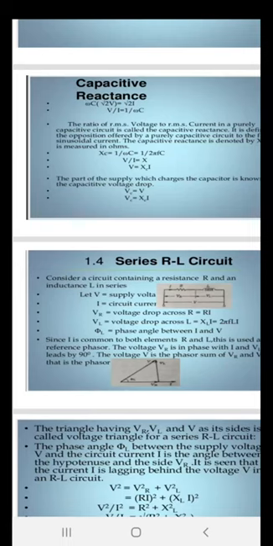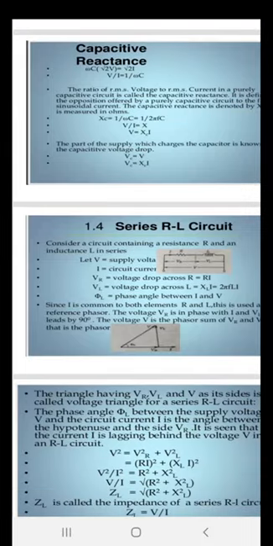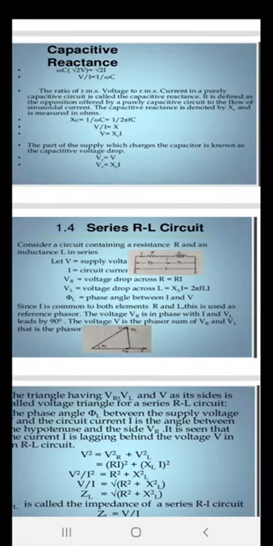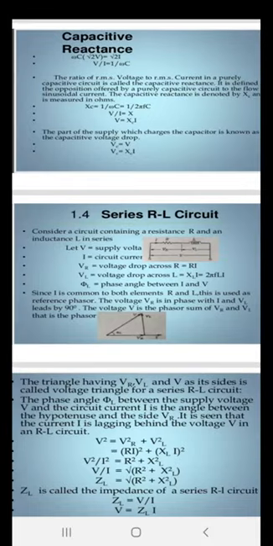VL, the voltage drop across L, is XL I, that is 2 pi f L I. Since I is common to both elements R and L, use it as the reference phasor. Voltage V is a phasor sum of VR and VL, and V leads I by an angle.